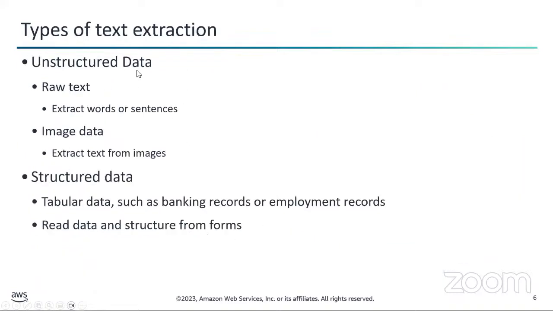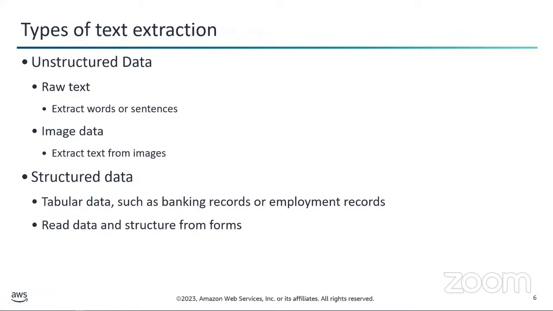Now, what kind of data can be extracted? Text can be extracted from unstructured data, from raw text, the words or sentences, or whole paragraphs, whole articles, whole books. It can also extract data from images, and that's called unstructured data. Then there's structured data, which usually comes from your databases, your online transaction systems.